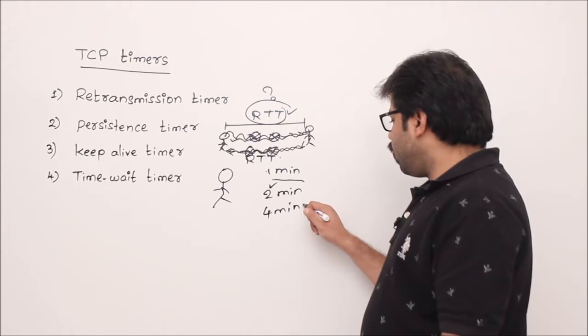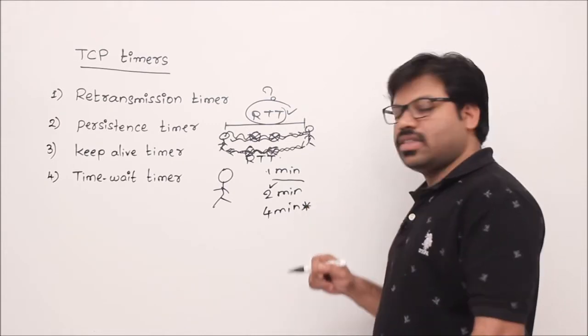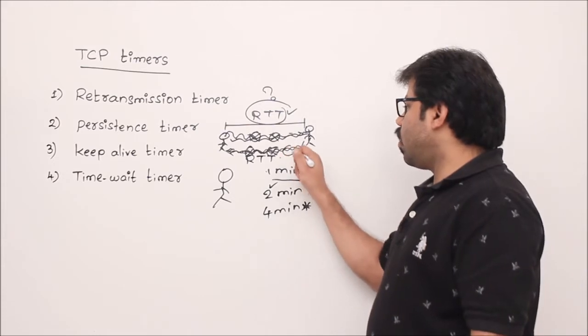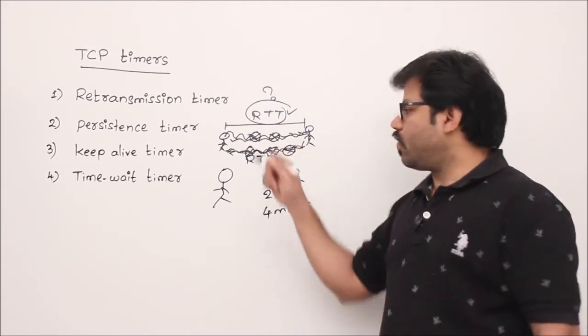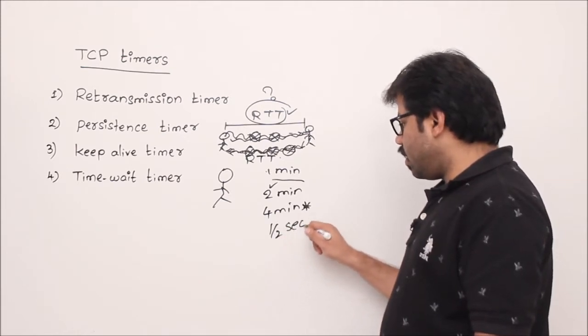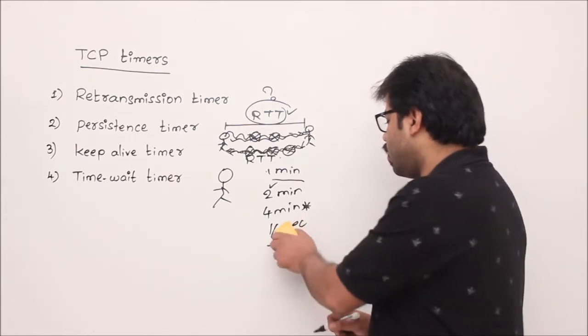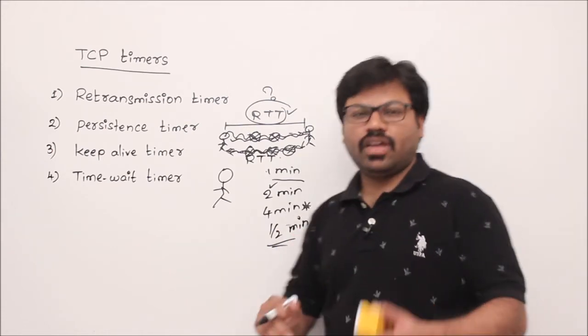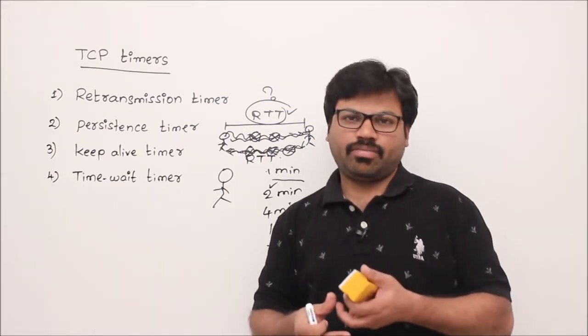Then when you finally fix your value to 4 minutes as the round trip time, suddenly some routers will perform very fast and quickly send the data. This time, within half a minute, you get the data back. In that way your round trip time is going to be highly variable. We can't predict it, understand?